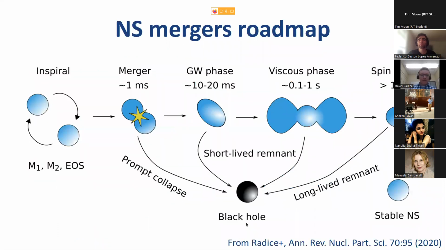This is a diagram that shows what we know today about binary neutron star mergers, starting from their inspiral to their merger and post-merger.